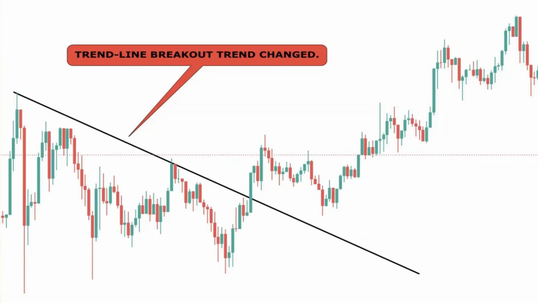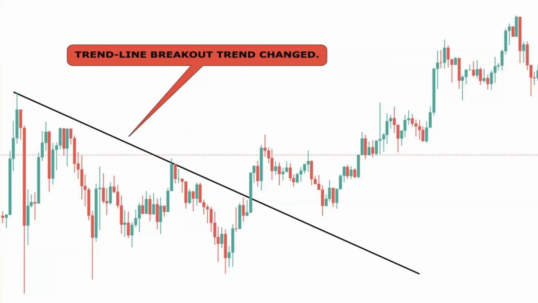When the trend line in the downward direction is broken here, the market converts from a downtrend to an upward trend. As you can see, the first tap is hit on this black line and again hit on the black line. Now we have the confirmation that this trend line meets the key requirement of our criteria.